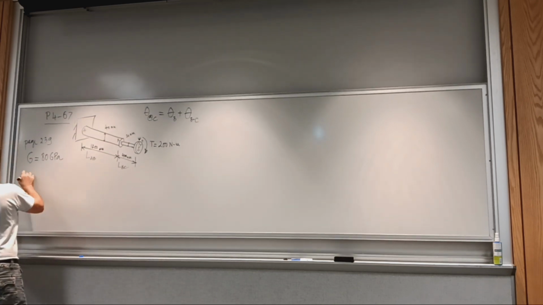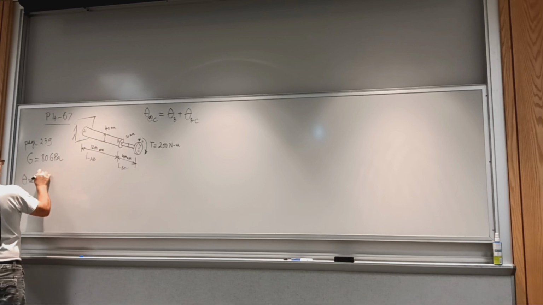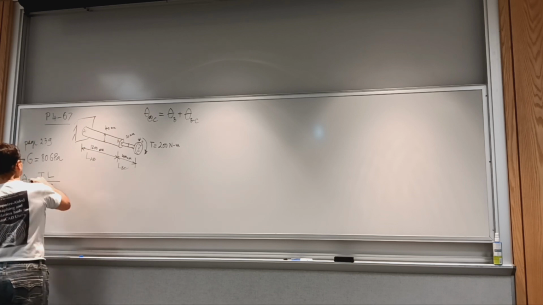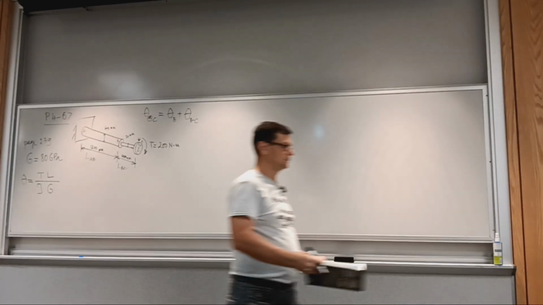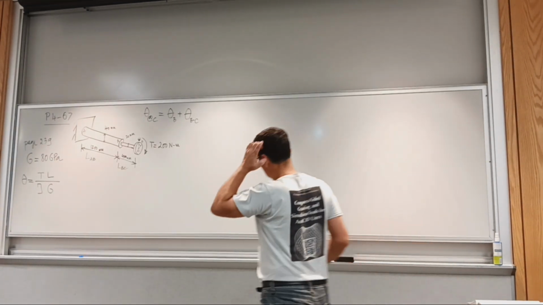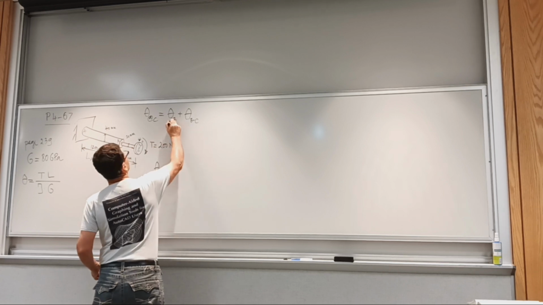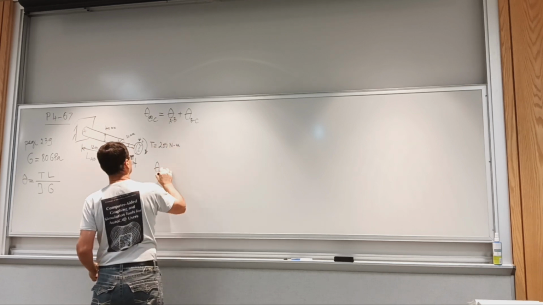So theta is going to be torque times length over polar moment of inertia times modulus of elasticity in shear. Okay, so let's calculate the two. Theta B, or could be between A and B, the same thing.